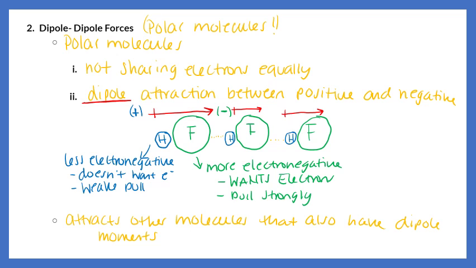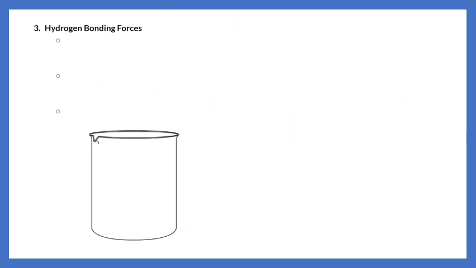All right. And now we're on to just our last one. So the last one is hydrogen bonding. This also occurs with polar molecules. Okay.